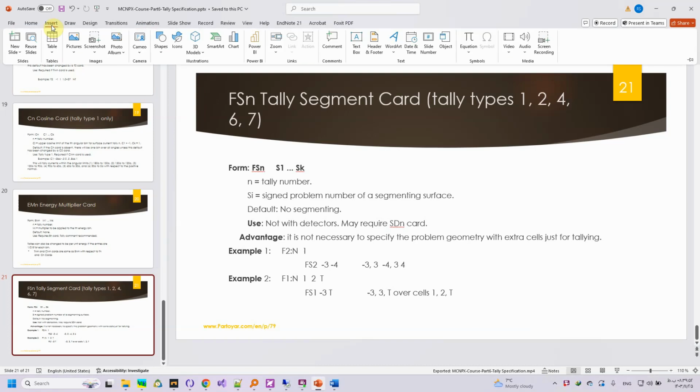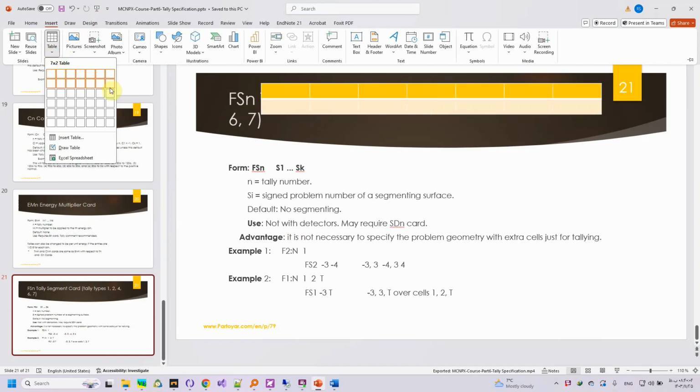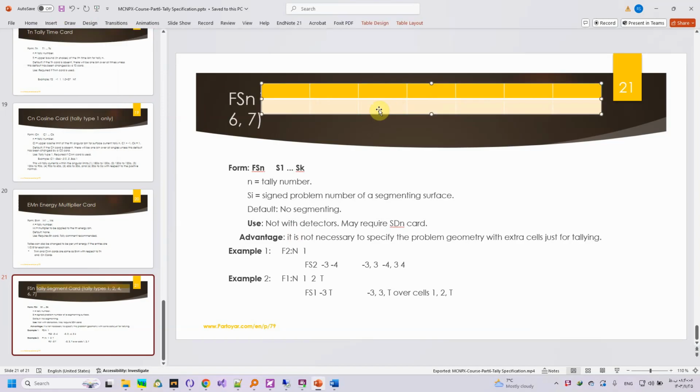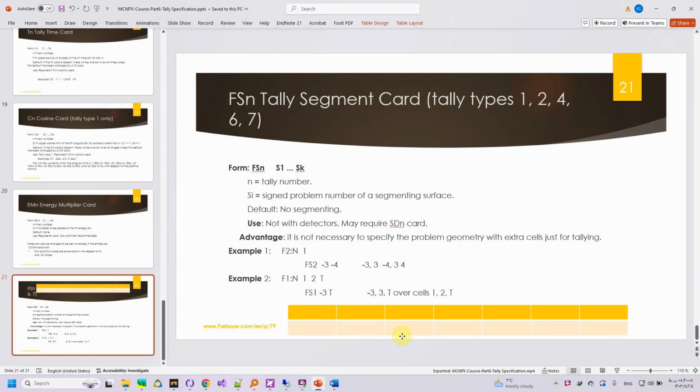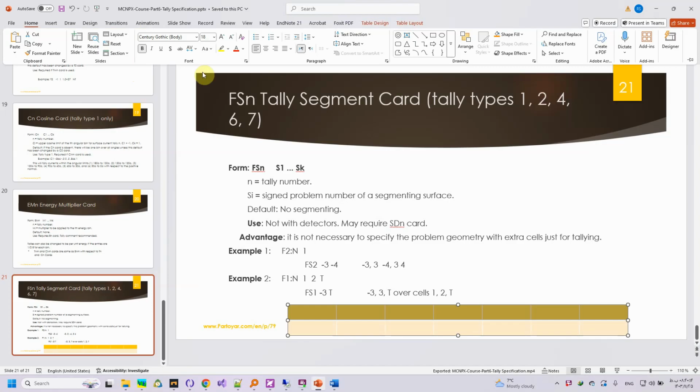Let's talk more about this card. Consider here is a table, but we want to use it for another goal.